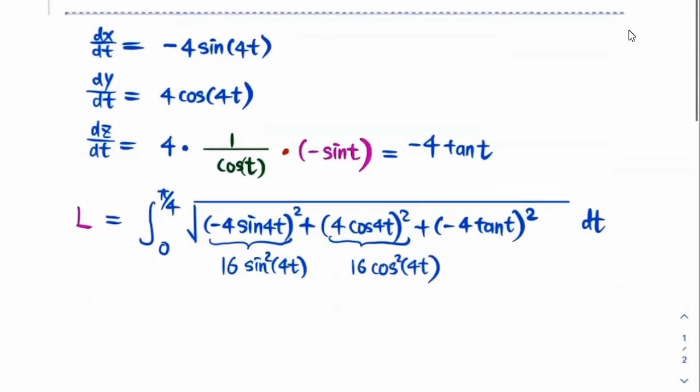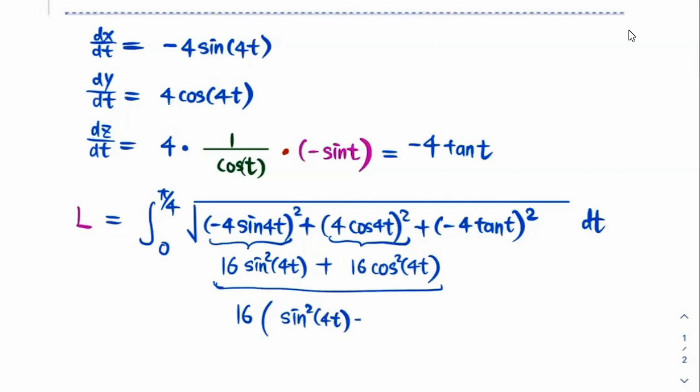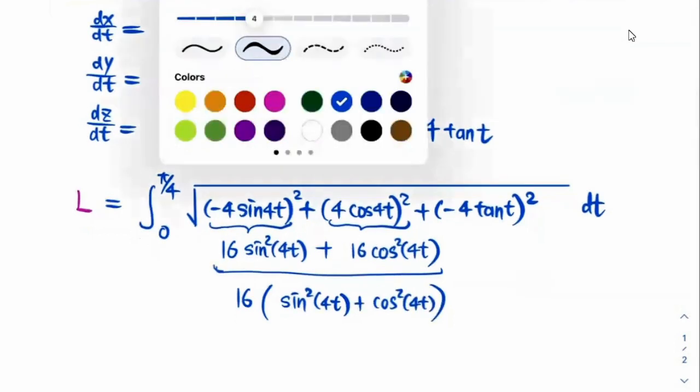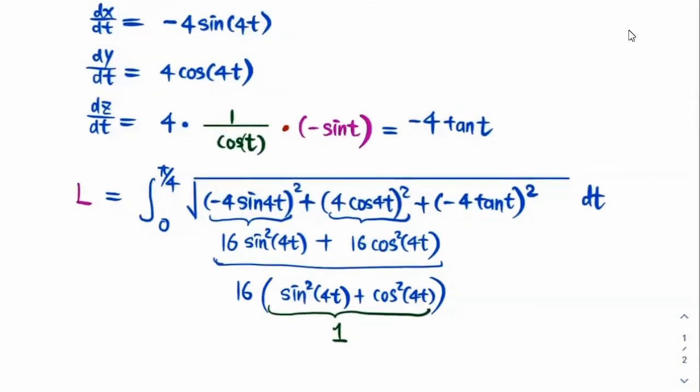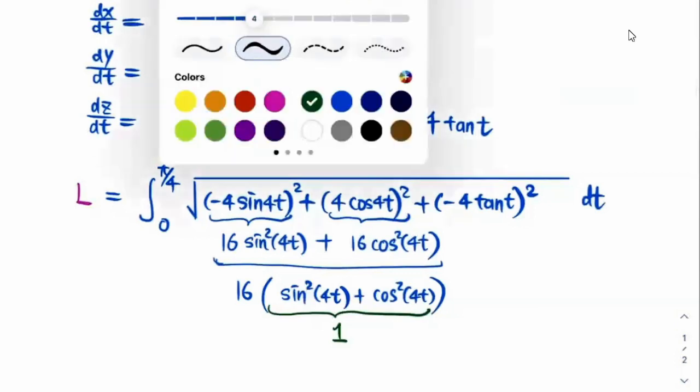If we take the 16 out, then we have 16 times sine squared t plus cosine squared t. Does it ring a bell about the trig identity? What is it? It'll be equal to 1? Yes, that's equal to 1. Okay, good.